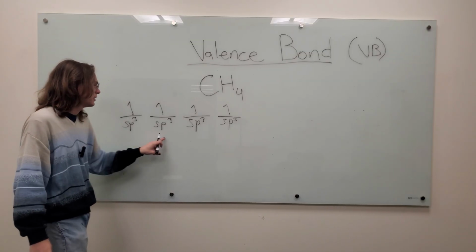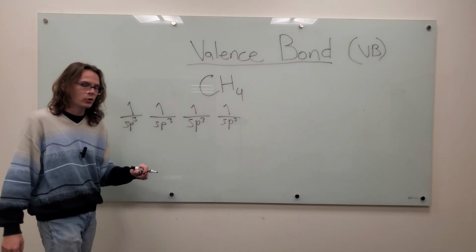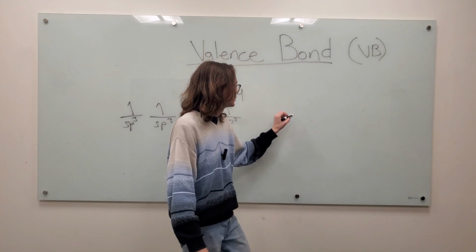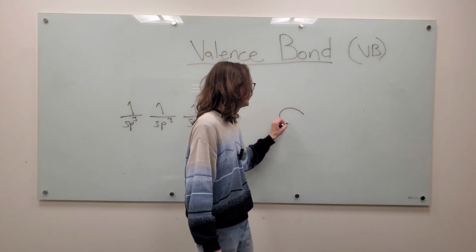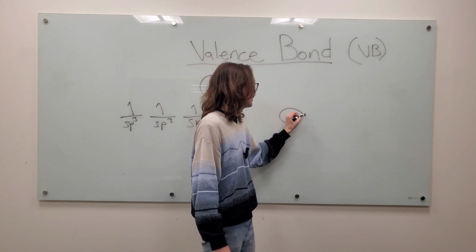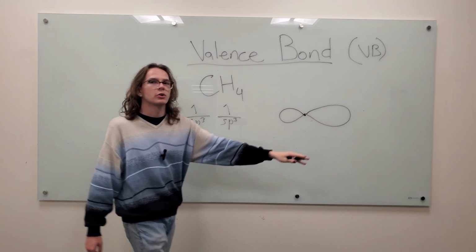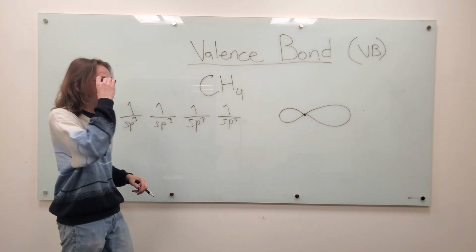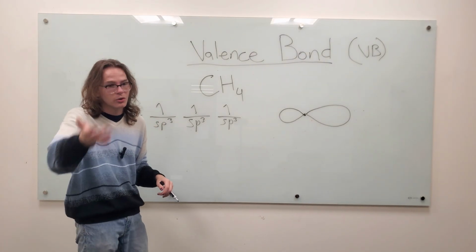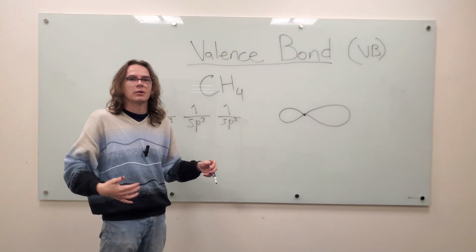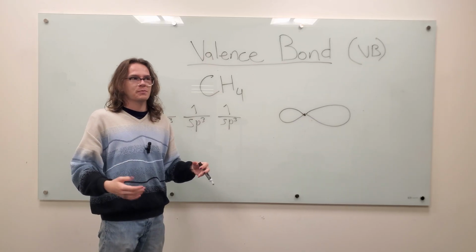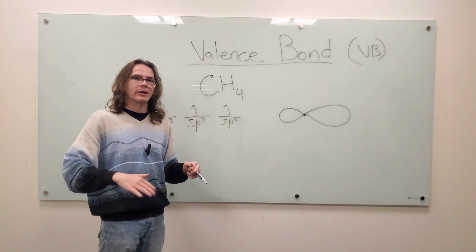And so it turns out that these sp3 orbitals have a shape that looks something like this. We've got a smaller lobe on one side of our nucleus, and then a larger and longer lobe on the other side of our nucleus. And this is because, recall that orbitals are wave functions, and they can have a positive or a negative sign.